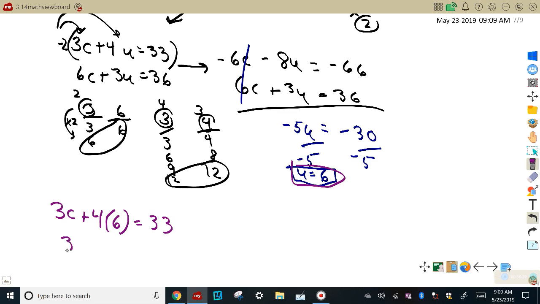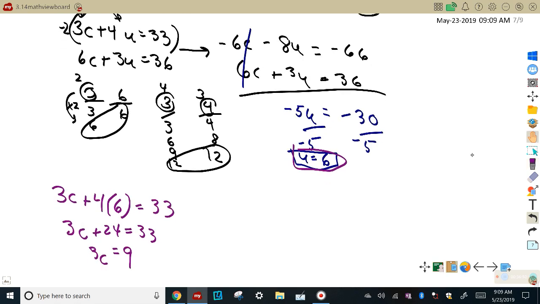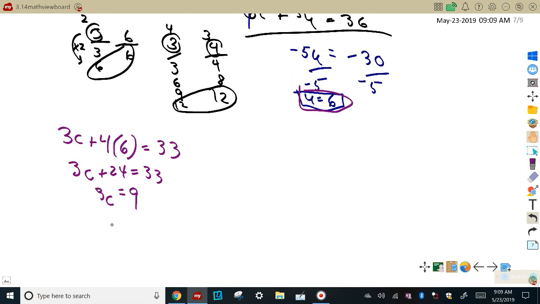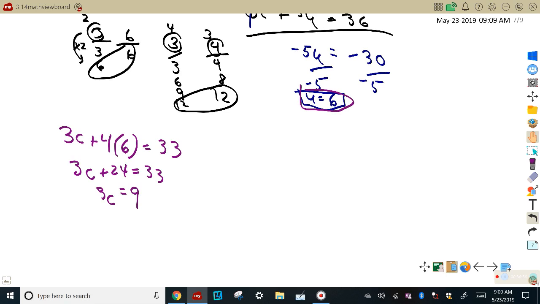Hopefully we know 4 times 6 is 24. 3c, I would subtract 24 from both sides and get 9. And then if I divide both sides by 3, I get c is equal to 3.